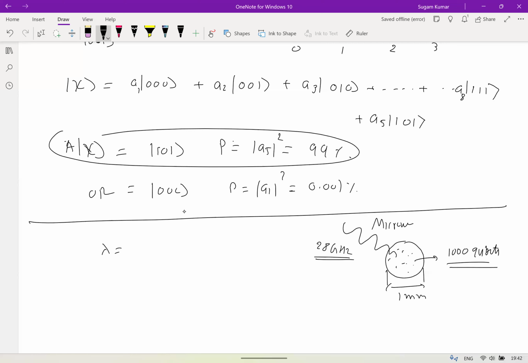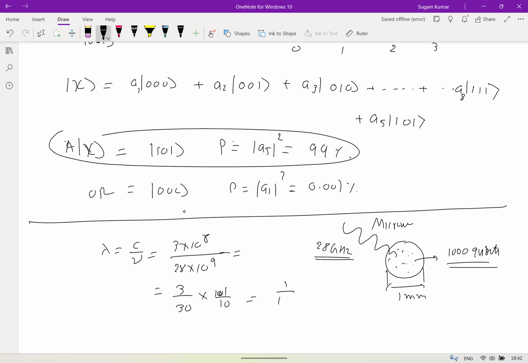Now find the lambda. That is 28 times 10 to the power 9, correct? Yes, it's gigahertz. So maybe I can say 3 upon 30 into 10 to the power 1 upon 10.